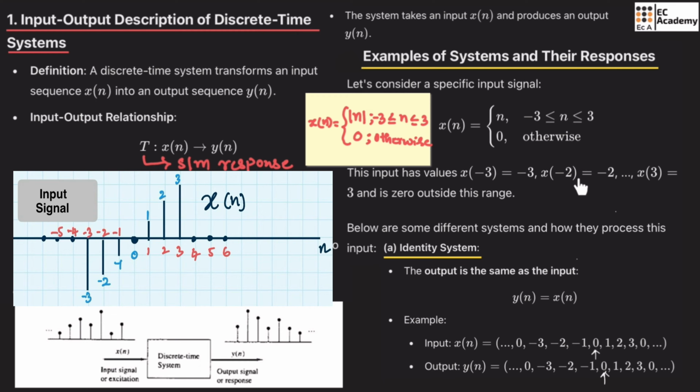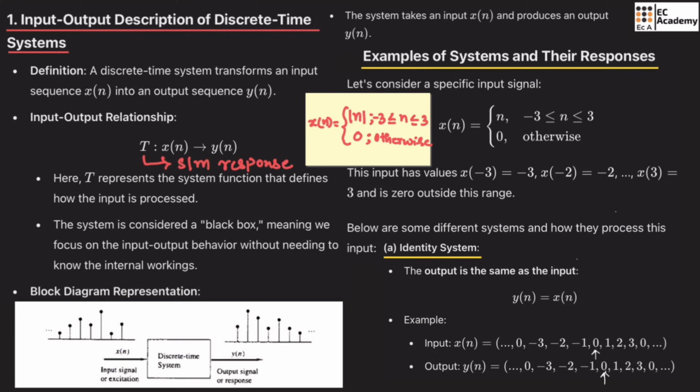So for x of -2, we will get 2 and so on. Similarly, we will get x of 3 as 3 and we will get 0 outside the range. Which means outside this range of n, we will get 0 for x of n. So this sequence is developed using this method. So we got the sequence 0, -3, -2, -1, 0, 1, 2, 3, 0 and so on.